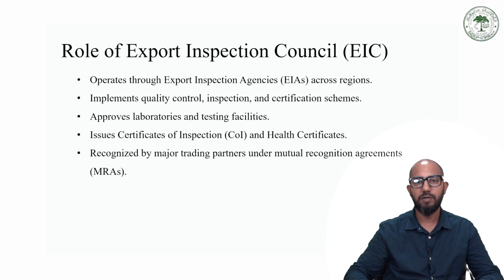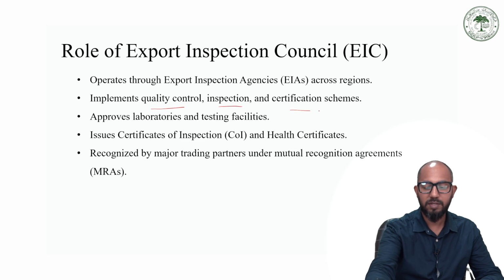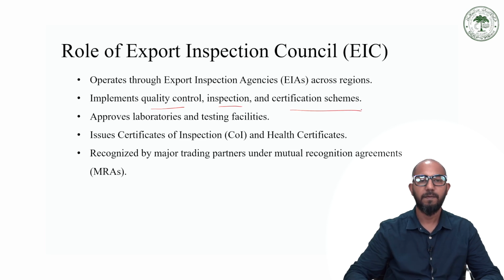Let us now try to focus on the role of the Export Inspection Council. The Export Inspection Council operates through export inspection agencies across regions. Their role is to implement quality control, inspection and certification schemes. These export inspection councils have approved laboratories and testing facilities where the goods of exporters are tested.